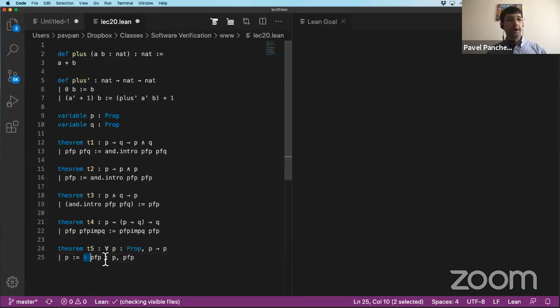So here I have the syntax for creating a function. And by function here, I mean implication. This is a function that takes in a proof of P, produces a proof of P, and therefore is a term of type P implies P. Whereas here, I am using such a term by applying it to an argument.